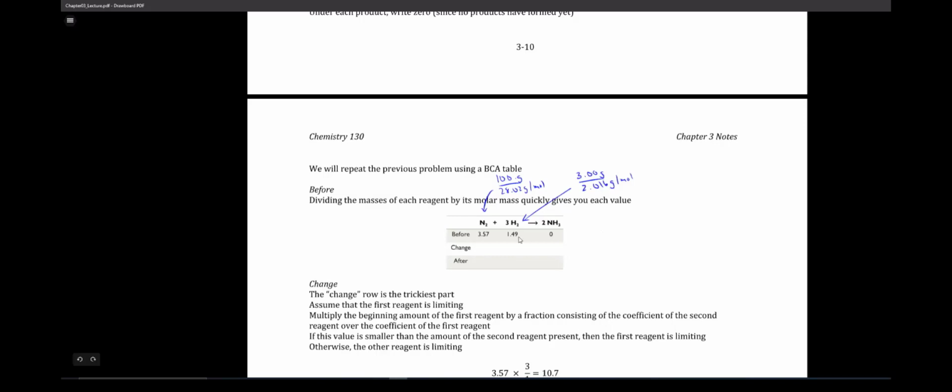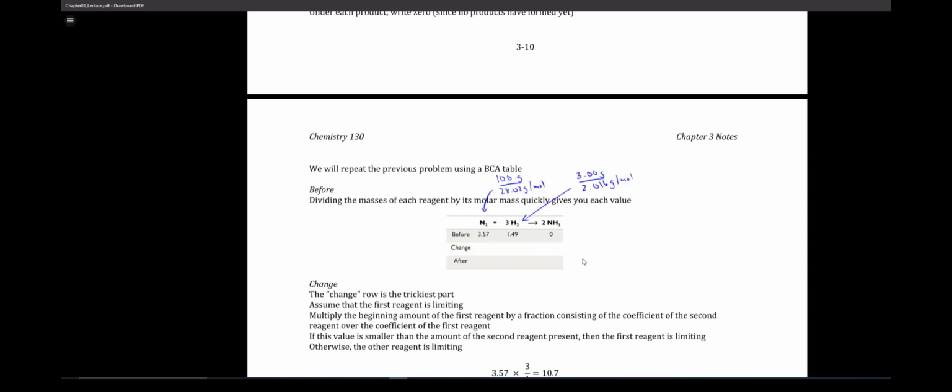Okay, we don't know what's in excess. But can we agree on one thing? And this is the important thing to understand. In the after table, what is the lowest possible number that you can have? At the end of the reaction, what is the smallest possible amount you can have of any chemical? 0.